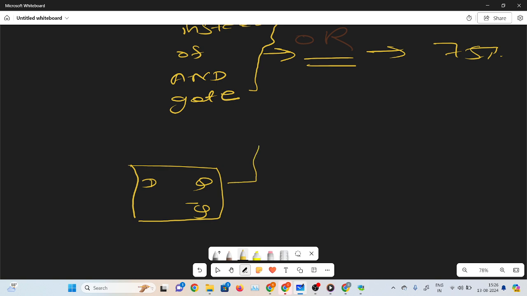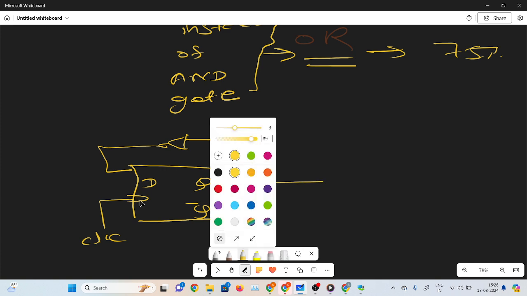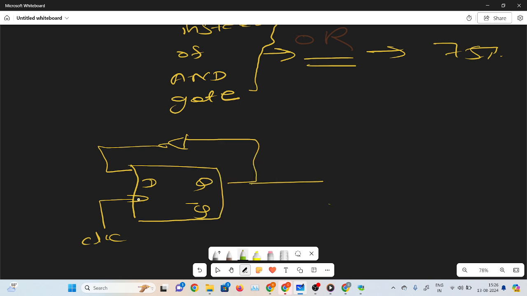Now this is the F by 2 circuit. This is the clock. I am making all the videos short, that's why I am directly drawing the circuit.